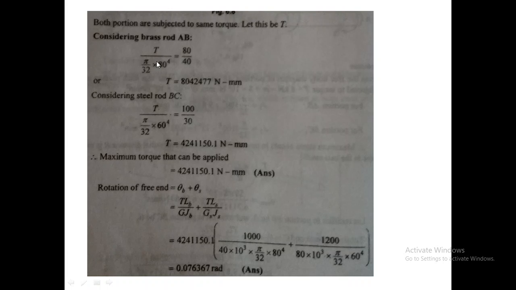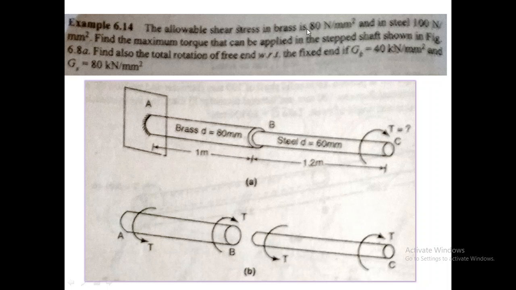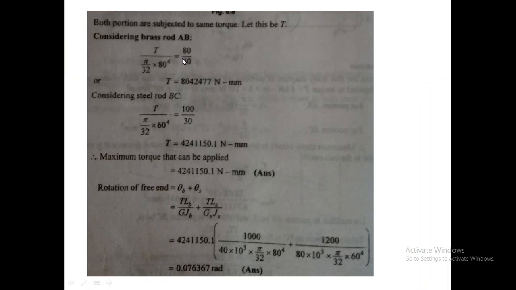T by J is equal to G theta by L, or you can take it as shear stress by radius, T by J is equal to tau by R. The shear stress of brass is given here as 80 newton per millimeter square. The diameter of the brass is 80 millimeter, so the radius will be 40 millimeter.